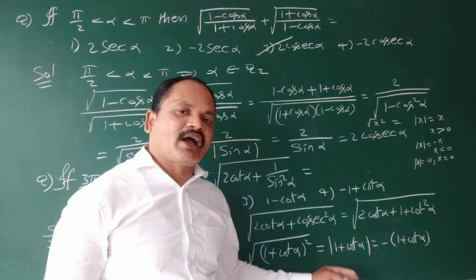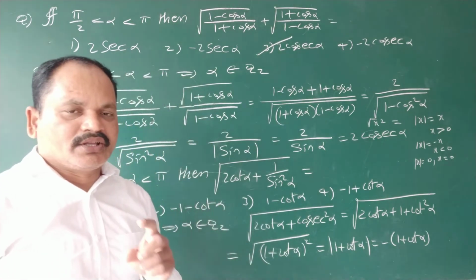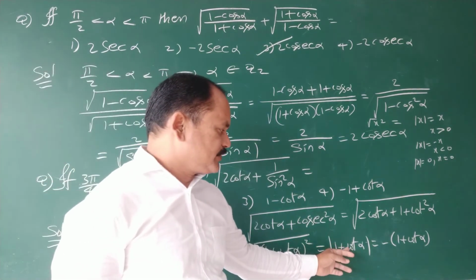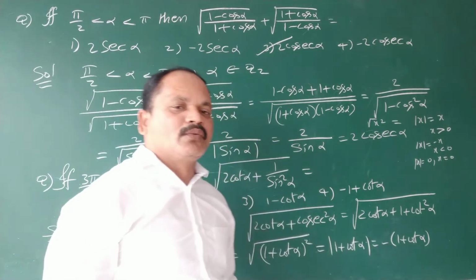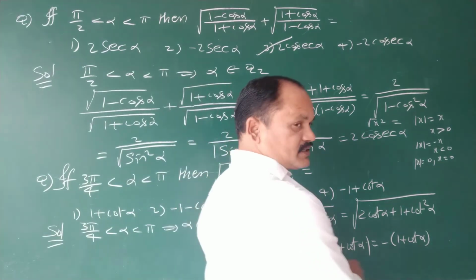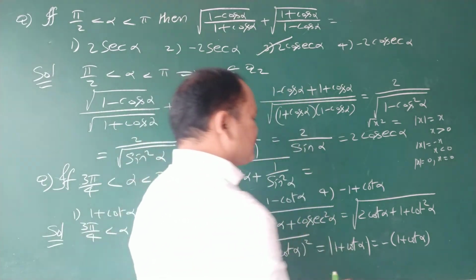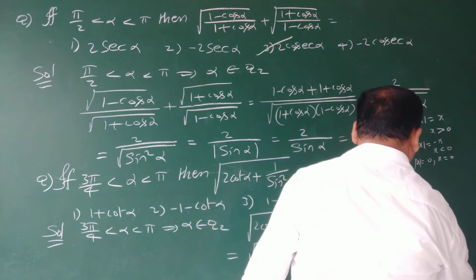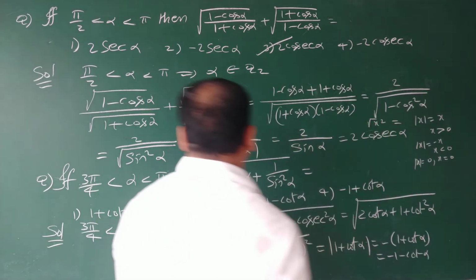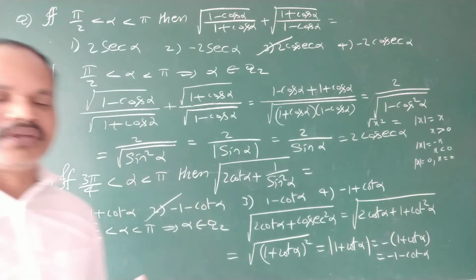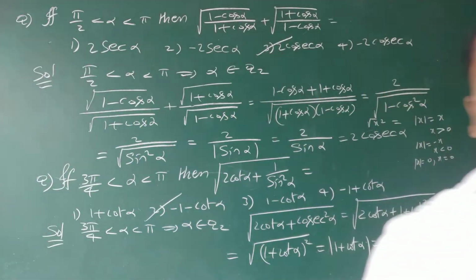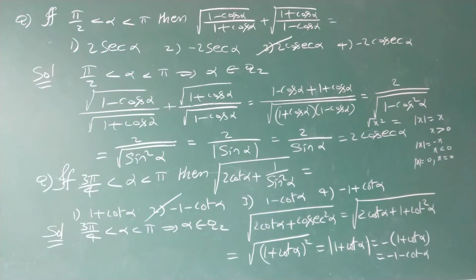Here also alpha belongs to Q2, and in Q2 cot is negative. That's why we have to write minus of (1 plus cot alpha), that is nothing but minus 1 minus cot alpha. That is the second option. So now we are going to some more questions depending upon the trigonometric ratios.